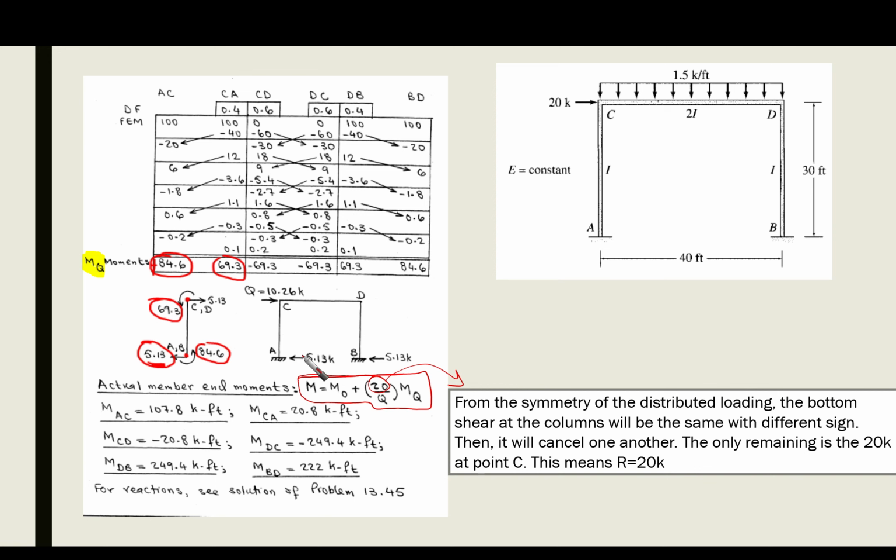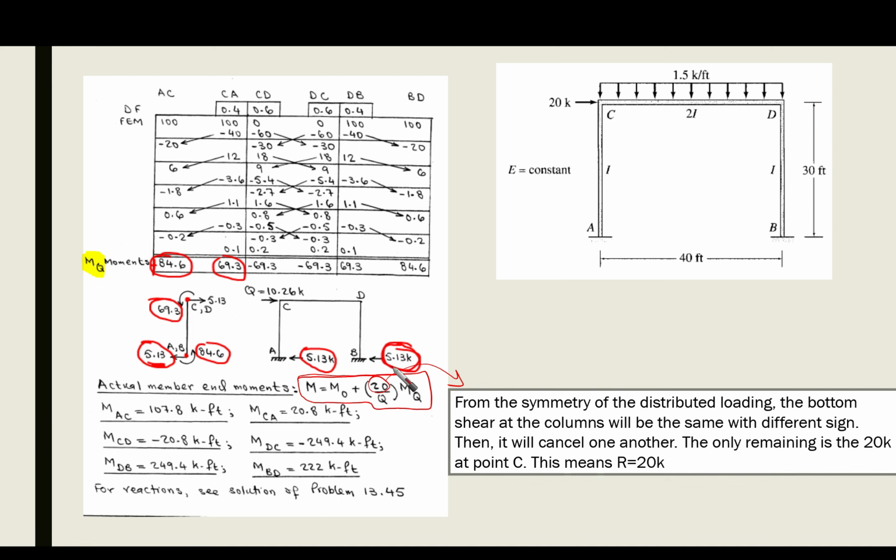Then we're going to put this 5.3 at the bottom of the column AC, and similarly we are going to do the same for column BD, with the balancing of the moment here. We're going to obtain the same magnitude of the bottom shear.